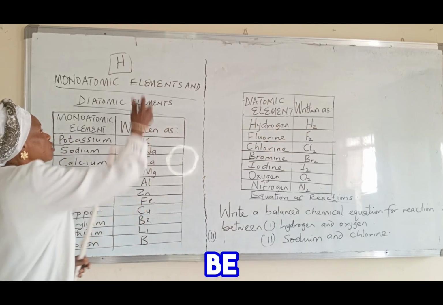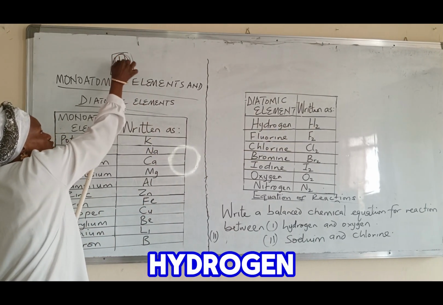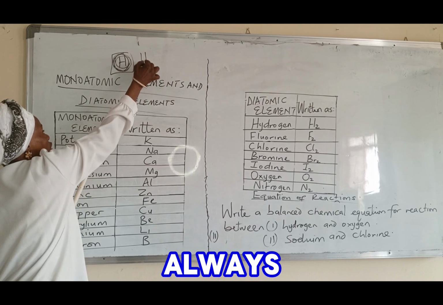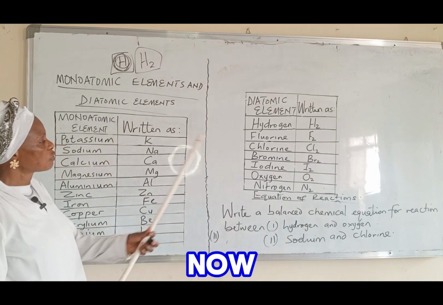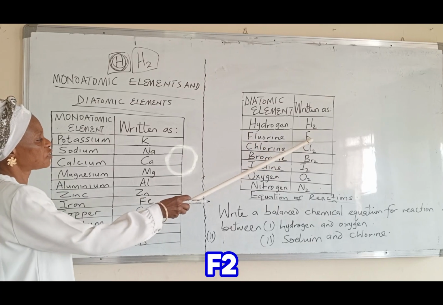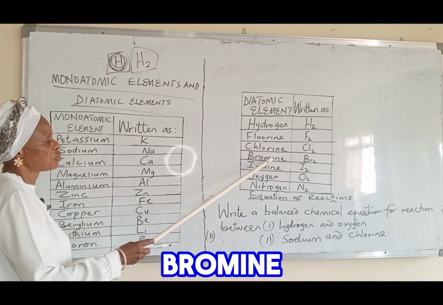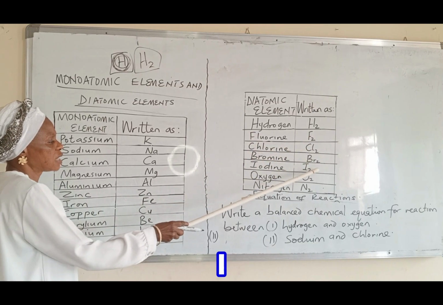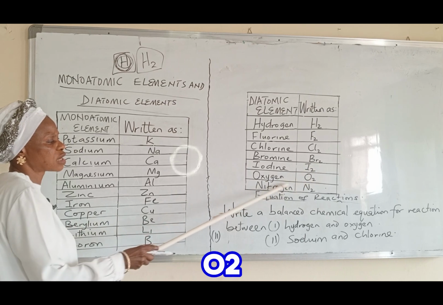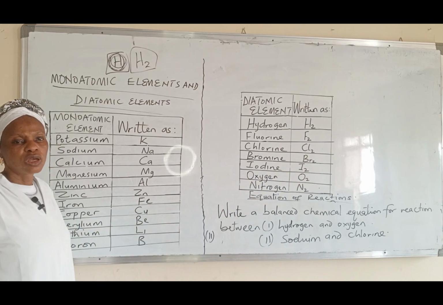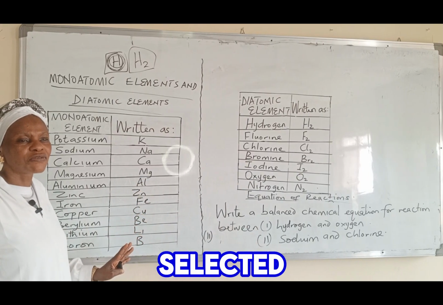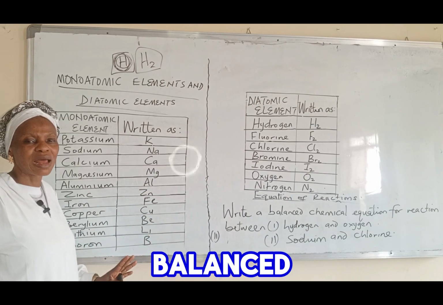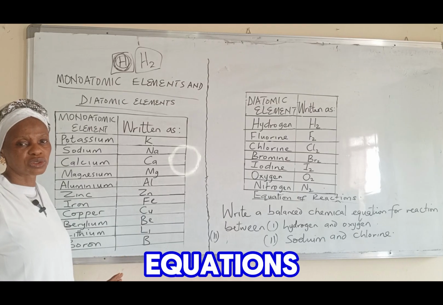It cannot be single H. So if hydrogen wants to participate in a reaction, it will always be H2. Now, fluorine too has to be F2, chlorine will be Cl2, bromine Br2, iodine I2, oxygen O2, nitrogen N2. These elements are specifically selected for better understanding of balanced chemical equations.